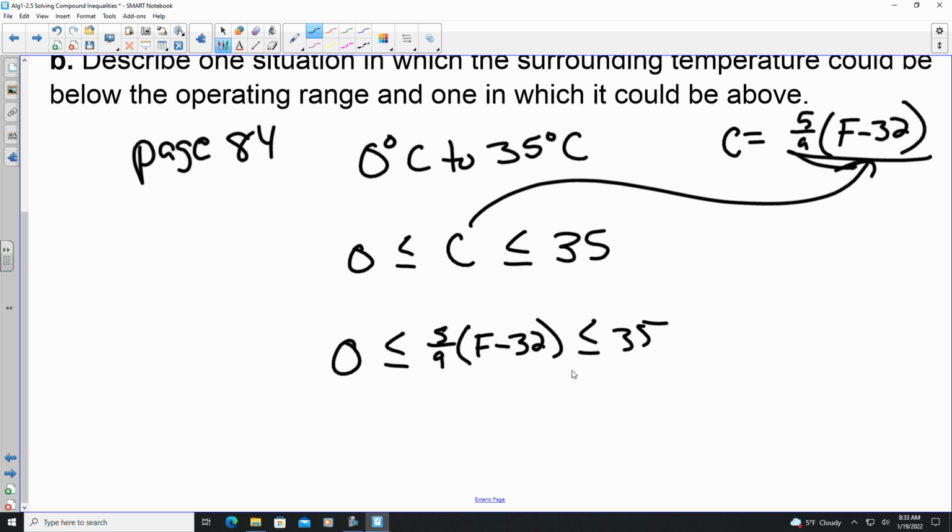Here, to eliminate this, I'm going to multiply by 9 over 5. So I got 9 over 5 here, and 9 over 5 here. So 9/5 times 0 is still 0. Now this gets crossed out, this gets crossed out, so I got F minus 32 in the middle, less than or equal to. If I took 35 times 9 and divided it by 5, I'd get 63.